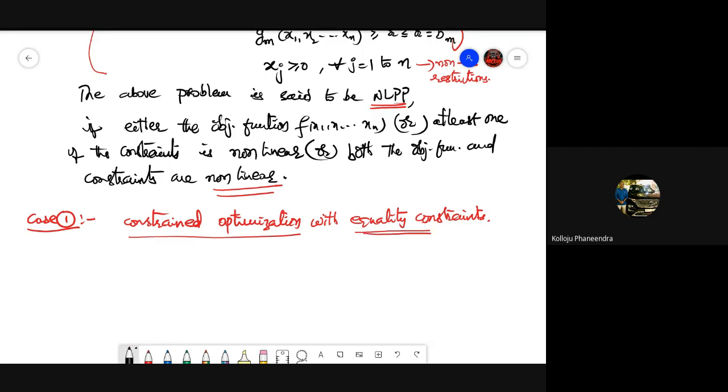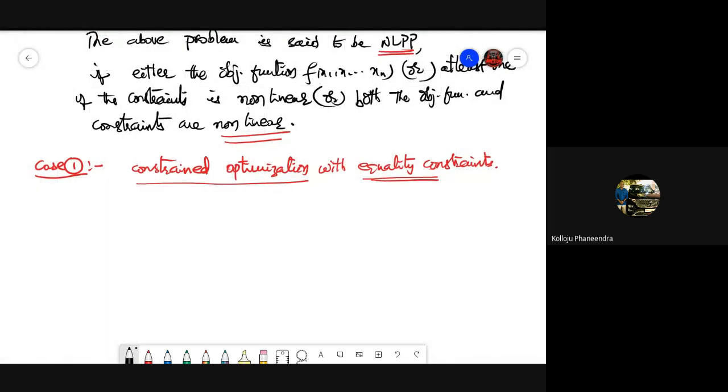So case 1 is for equality constraints: how to solve a nonlinear programming problem with equality constraints. The method is named Lagrange's multipliers method, simply called Lagrange's method.